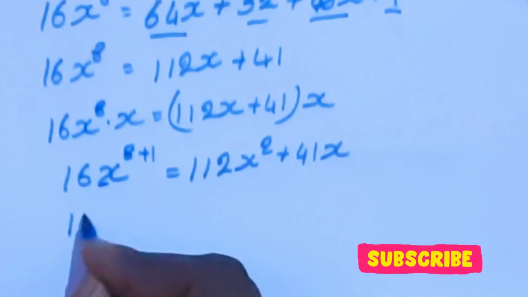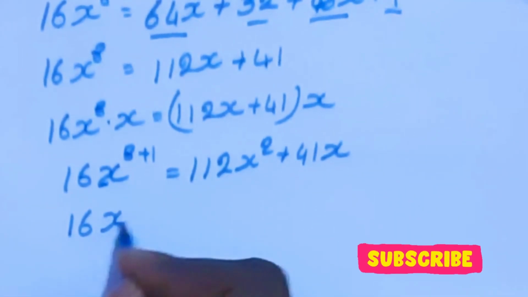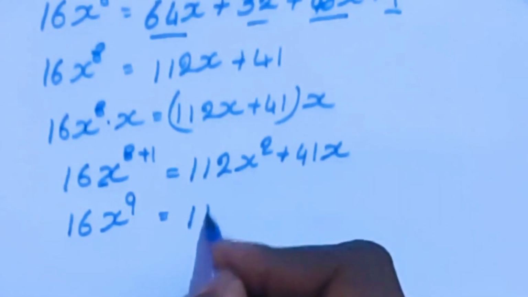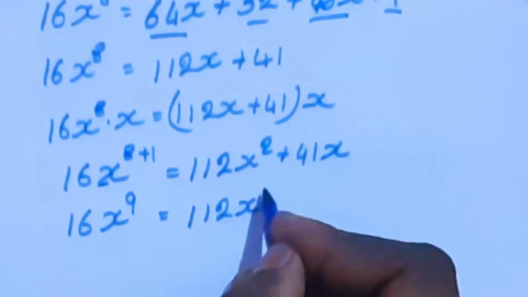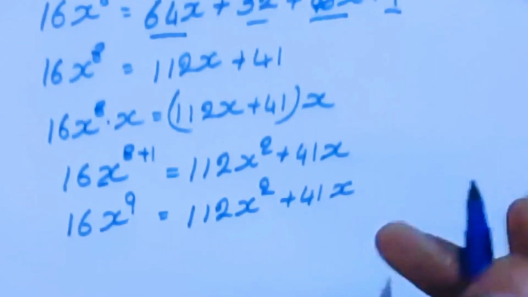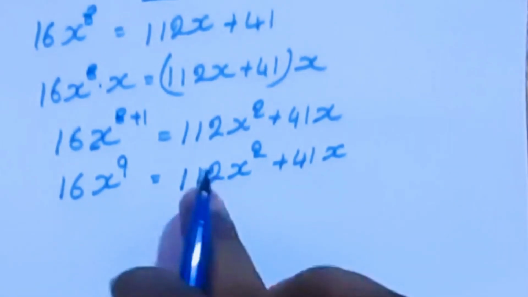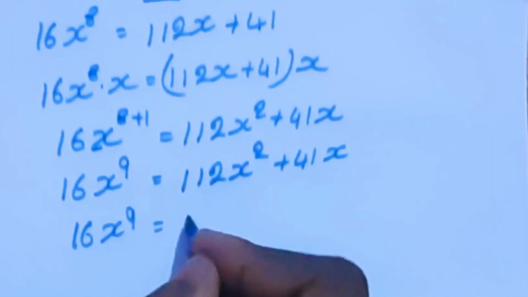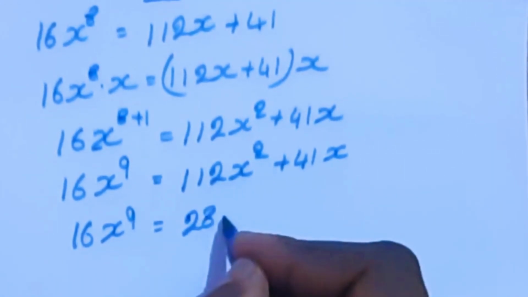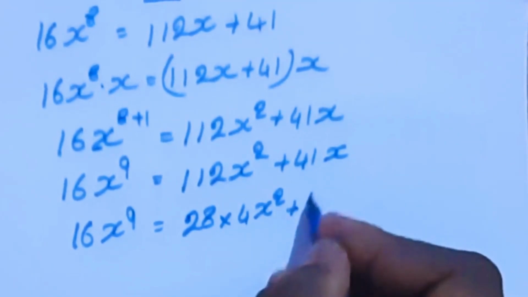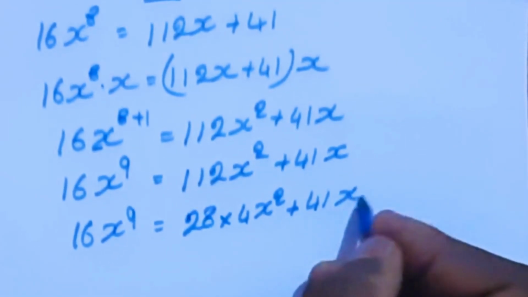Now this 16x to the power of 9 equal to 112x to the power of 2 plus 41x. Now this 112 can be written as 28 times of 4x square plus this 41x.